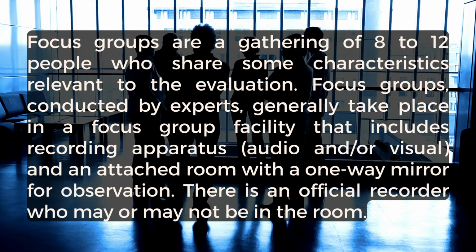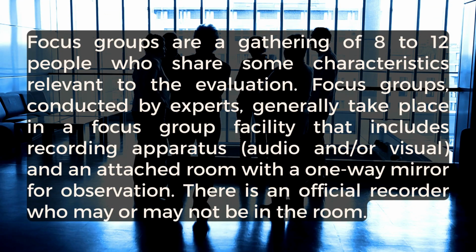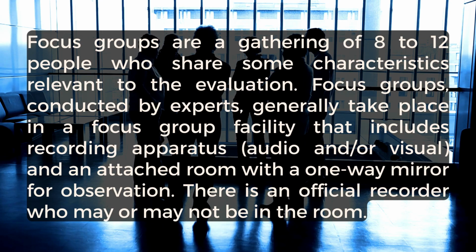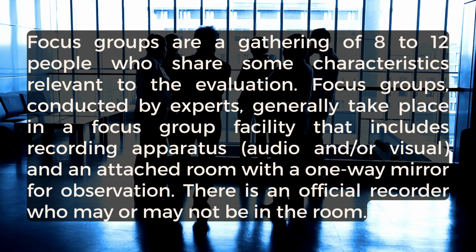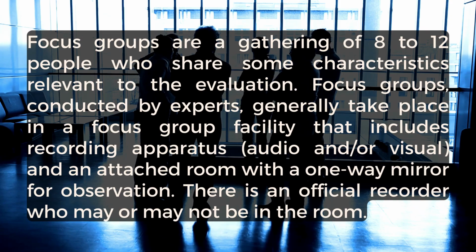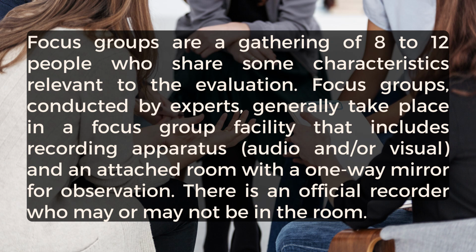Focus groups conducted by experts generally take place in a focus group facility that includes a recording apparatus, which could be either an audio recording apparatus or a visual recording apparatus, and an attached room with a one-way mirror for observation. There is an official recorder who may or may not be in the room.